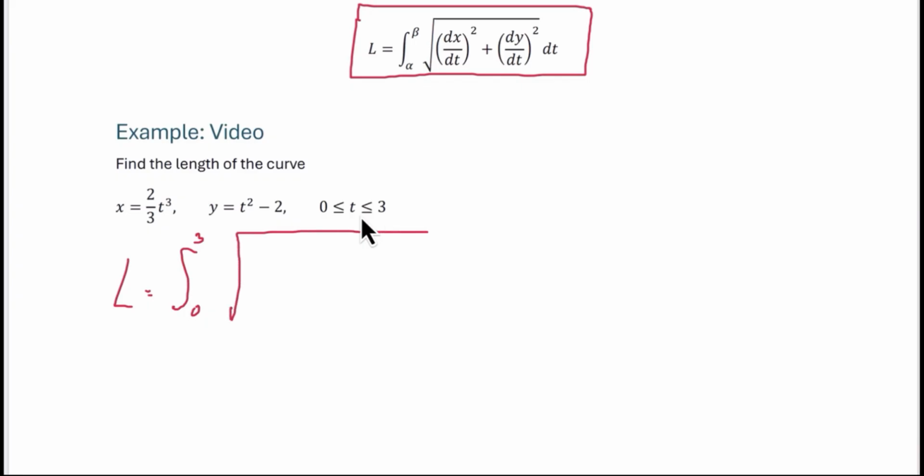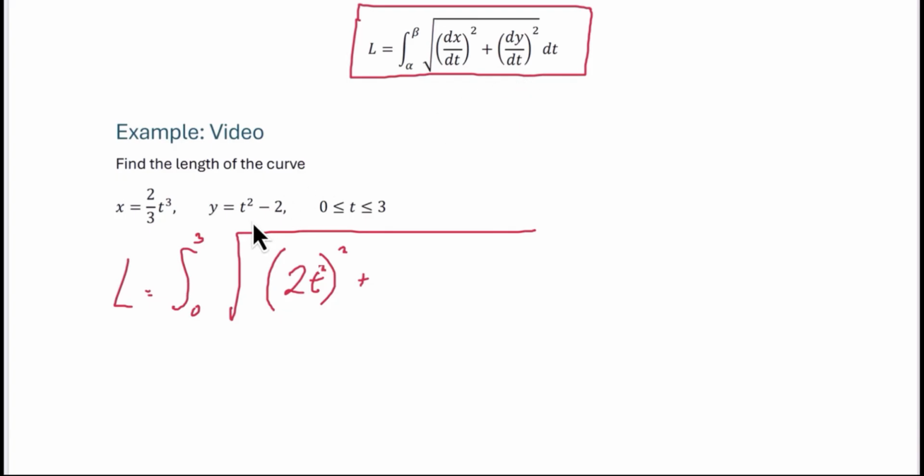We'll take the square root of dx/dt. So we're taking the derivative of x with respect to t. That will give us 2t squared. Then we'll square that, plus the derivative of y with respect to t.